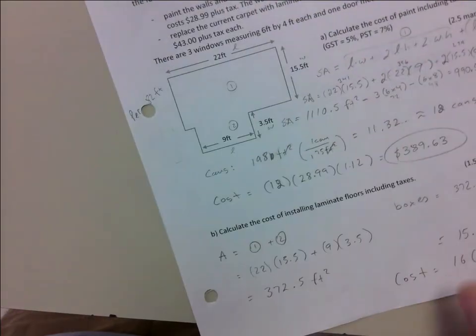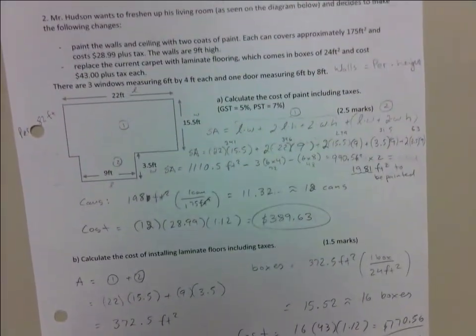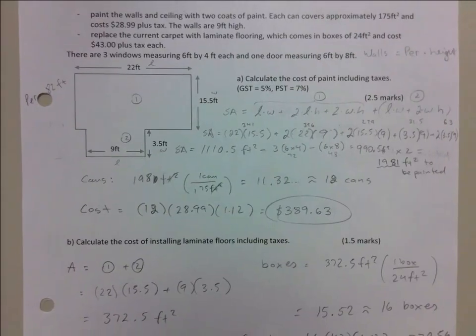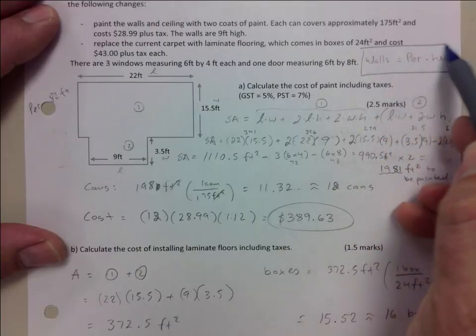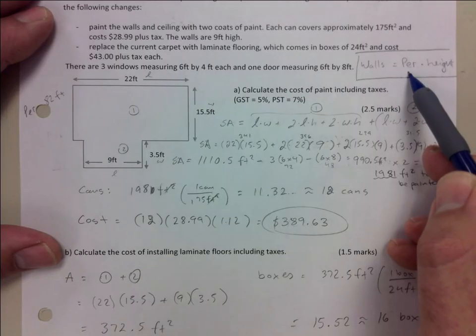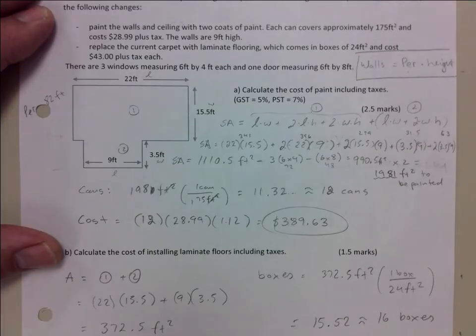Then you had the room. And this was before I showed my classes the perimeter. Oh, I do have it right here. If you added up the perimeter and multiply it by the height, then you would actually get the surface area of the walls only.